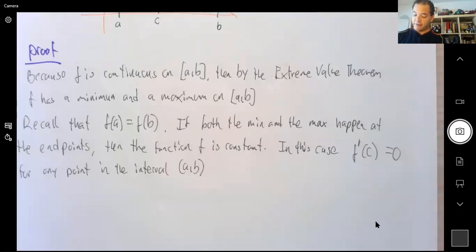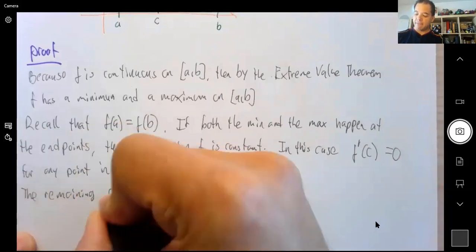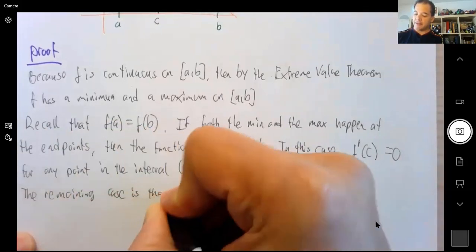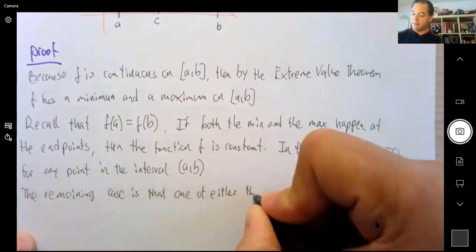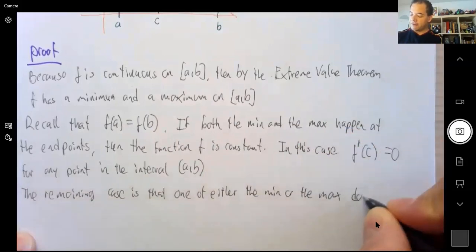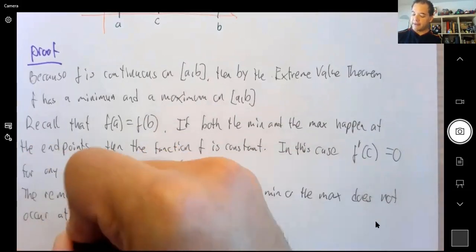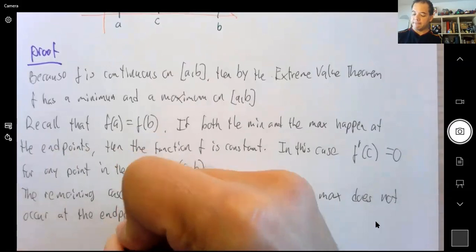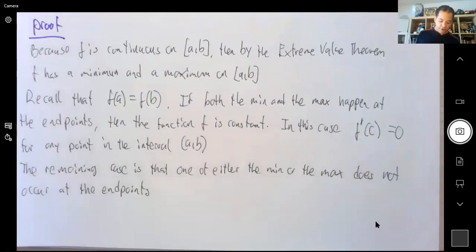The remaining case is that one of either the min or the max does not occur at the endpoints, right? So if it doesn't occur at the endpoints, then that means it happens in between, in the middle of the interval.